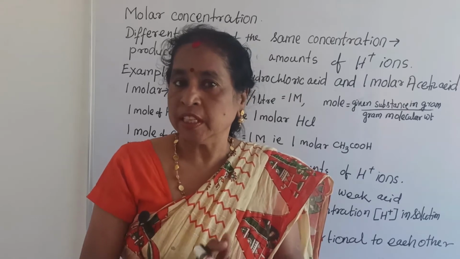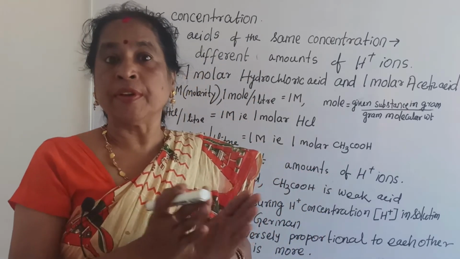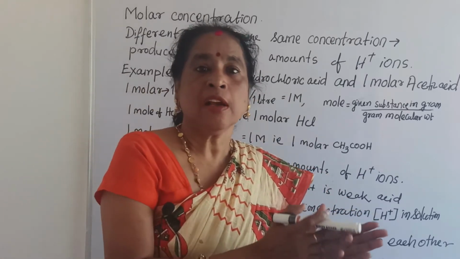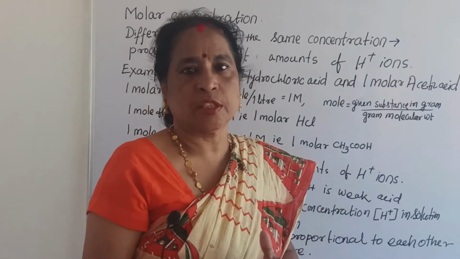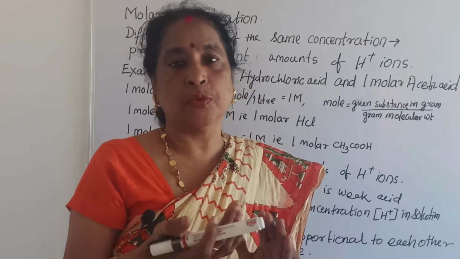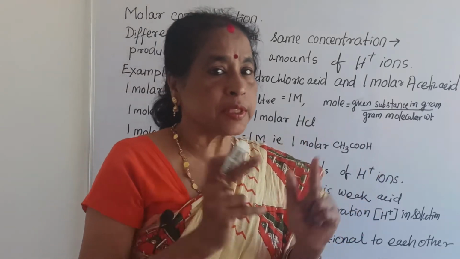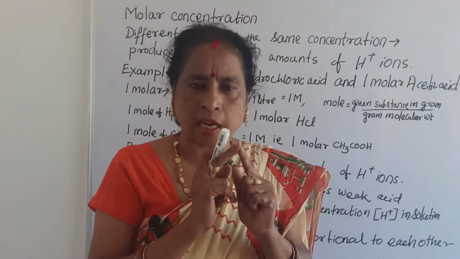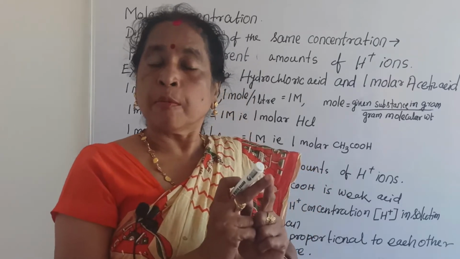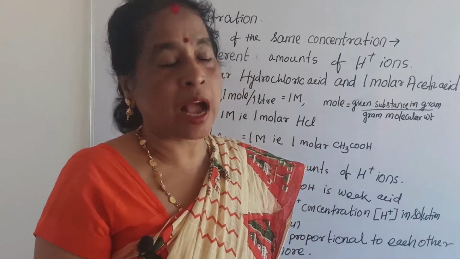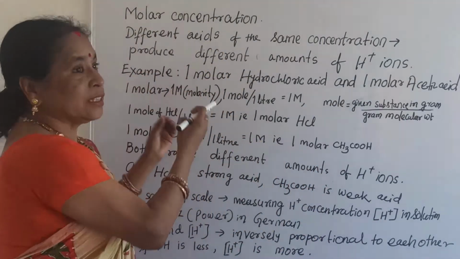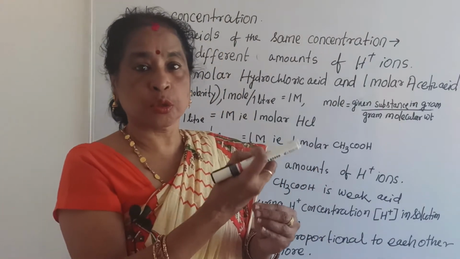What does this mean? Same concentration of different acids. Let us see, one is hydrochloric acid, which we know is a strong acid, the other is acetic acid, which is a weak acid. Now if both concentrations are the same, they still produce different amounts of H plus ions.